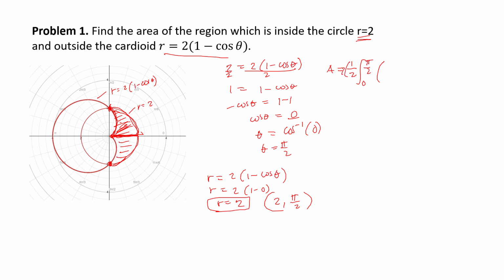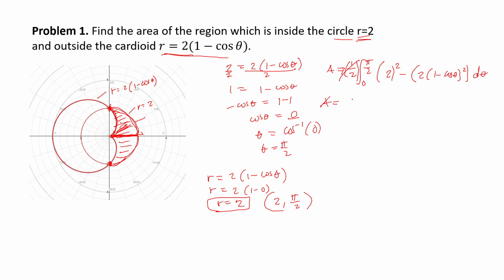So 2 times 1 half, and the outer is our circle and the inner is the cardioid. Therefore we have 2 squared, the outer, minus the inner, which is 2 times 1 minus cosine theta squared d theta. So cancel this part.